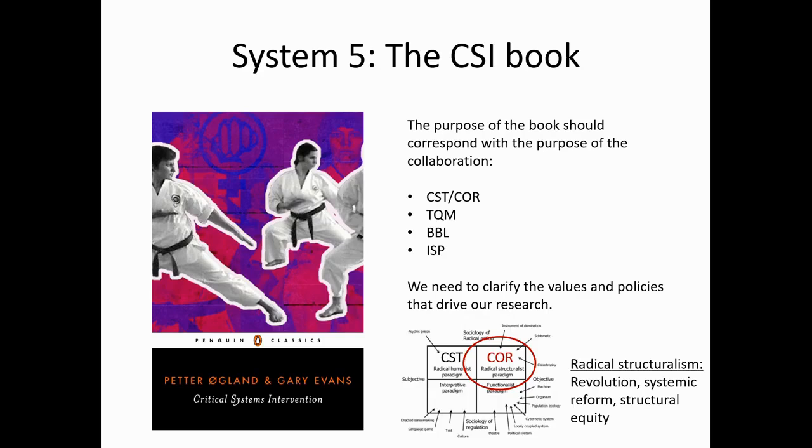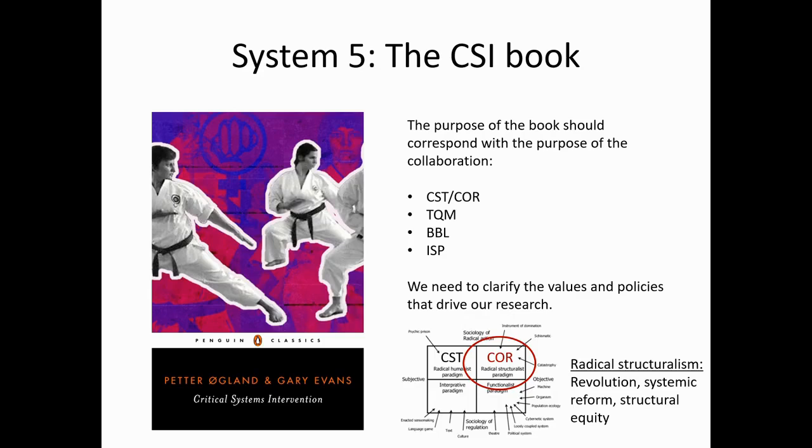where we have critical systems thinking in the upper left quadrant, the radical humanist paradigm, which has been more our focus, trying to concentrate on community operational research in the tradition of how Jonathan Rosenhead defined and wrote about it in the late 1980s.